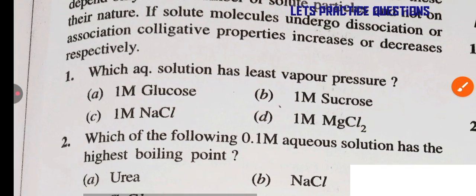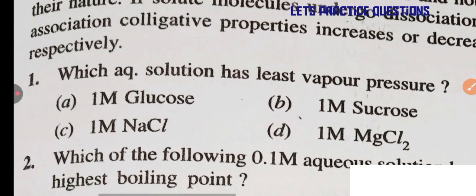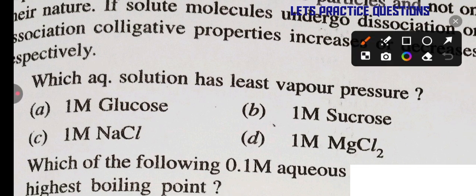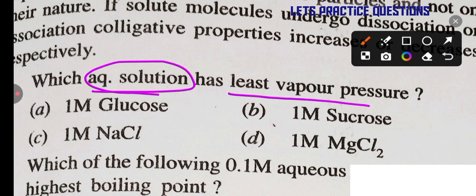Here is question 1. Which aqueous solution has the least vapor pressure? Here is the concept we need to understand: the solution with the most particles will have the least vapor pressure.